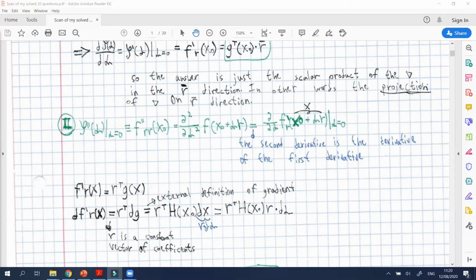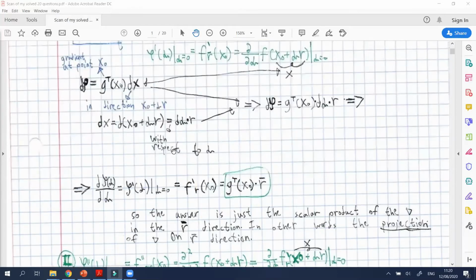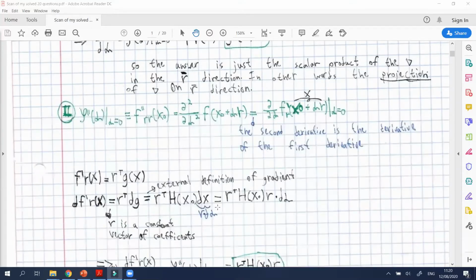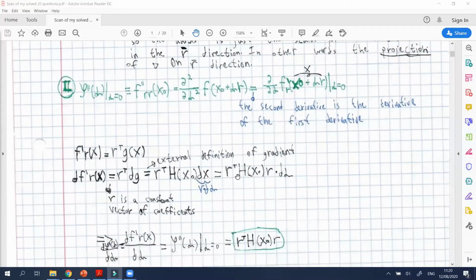And the differential of x is defined to be r d alpha, as we've seen just a few minutes before. And now, when we replace dx with r d alpha, we get this.